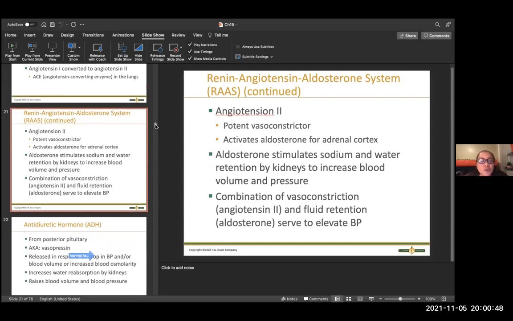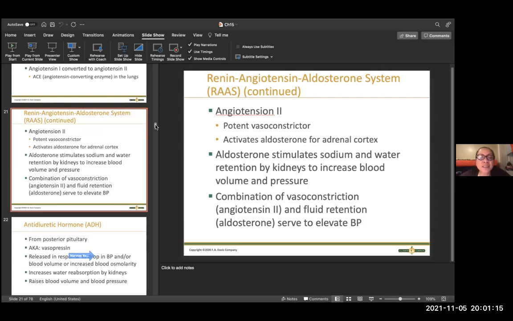Okay. So angiotensin 2, always remember, it is a vasoconstrictor. And when the vessel vasoconstricts, what happens? It gets smaller, and there is an increase in peripheral vascular resistance. Angiotensin 2 also activates aldosterone from the adrenal cortex.